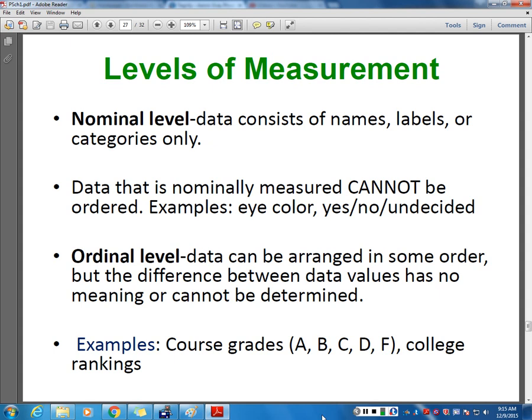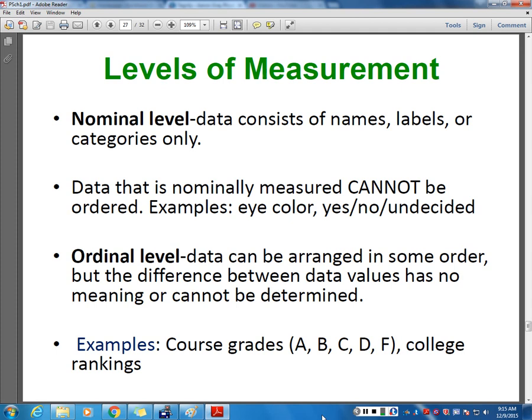For example, eye color, or yes, no, or undecided. Eye color could be put in order alphabetically, but that order may differ if we're using a different language. There's no inherent order that goes along with eye color. Same thing for yes, no, undecided.